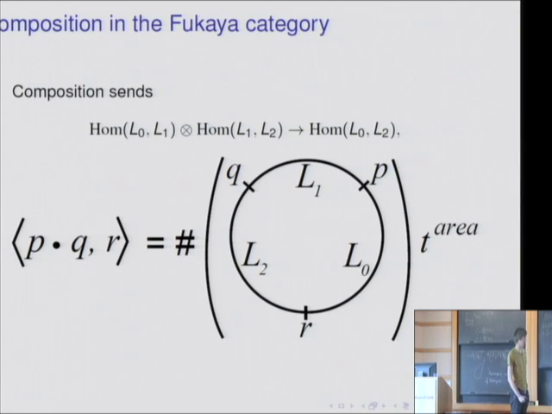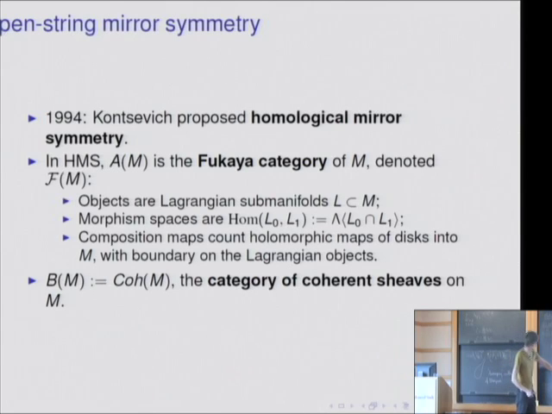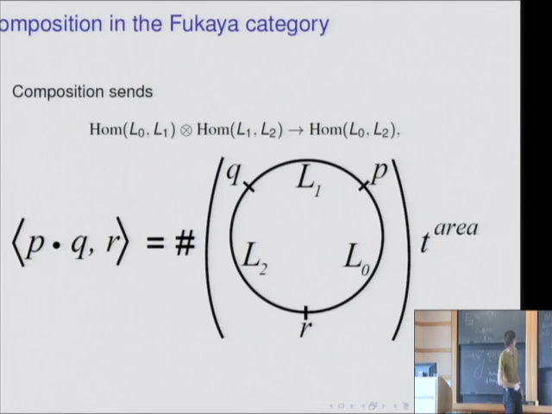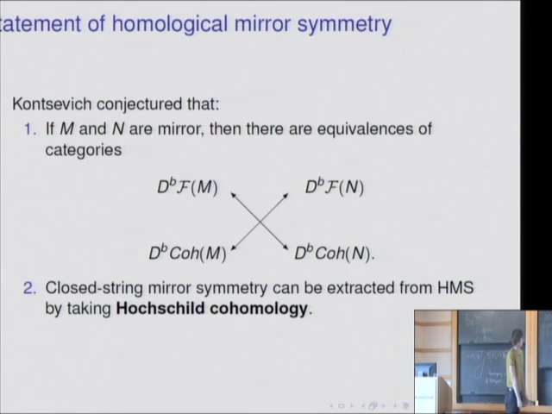So that's our new idea of what the A model is. And again, let me just say, so you know what it is, that the B model in this case should be a category of coherent sheaves on our manifold. Okay, so Kontsevich conjectured that what mirror symmetry should essentially mean is that diagram with the crossing arrows that I drew on maybe the second slide.